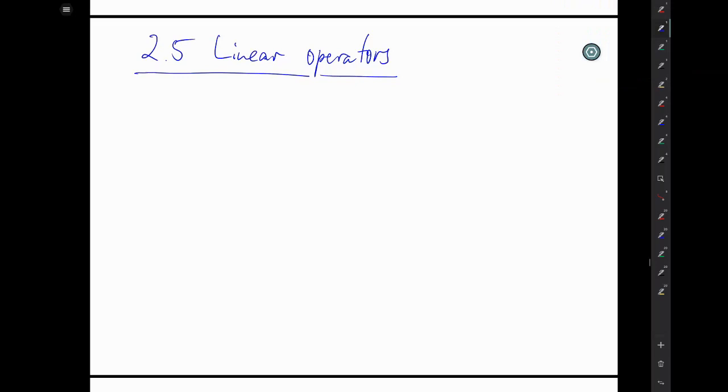Our first topic in section 2.5 is bounded linear operators. And before we can talk about what bounded linear operators means, we have to explain what a bounded set is.